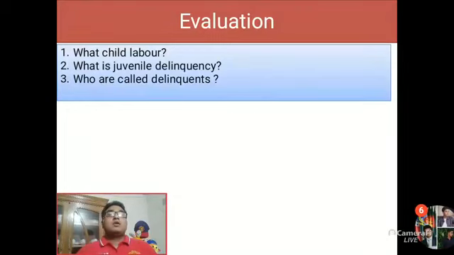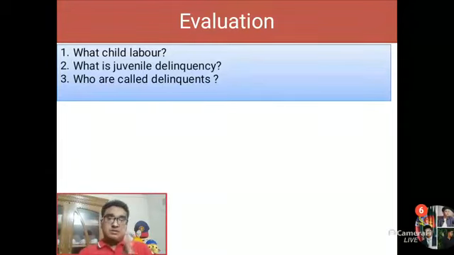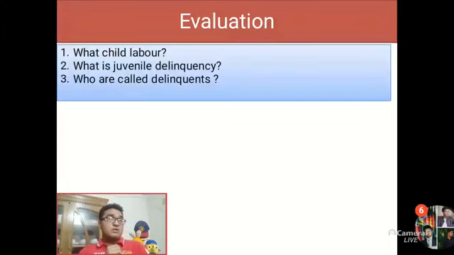Number three, who are called delinquents? According to the United Nations Convention on the Rights of the Child, all persons under 18 will be called adolescents and children also.